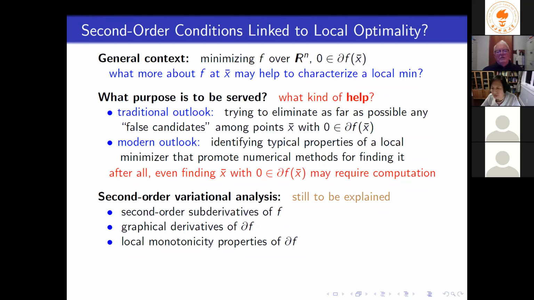One of the ideas of variational analysis is that it's used to justify algorithms. So this fits in with this modern outlook again. What we have to have are numerical methods that will find a locally optimal solution, or hopefully a globally optimal solution, but that gets us into a different type of topic.